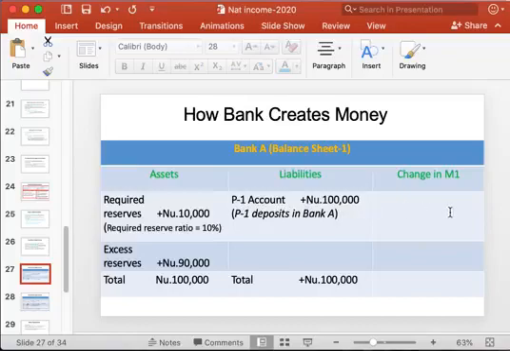So there is no change in the money supply M1 here.